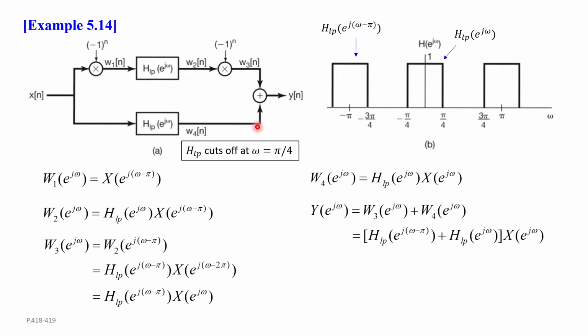And now the question is, if you have a low pass filter that looks like this, and your system is actually this whole thing, then what's the output? So you first copy your x into two parts, and one of them just passes through the low pass filter. The other one you do this non-LTI operation of multiplying by minus 1 to the n, and then you go through your low pass filter, then you do another multiply by minus 1 to the n, which is again non-LTI.